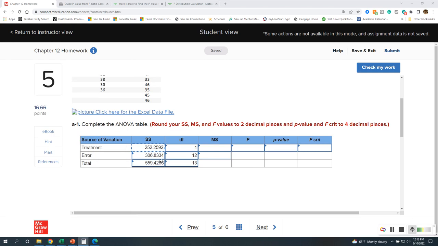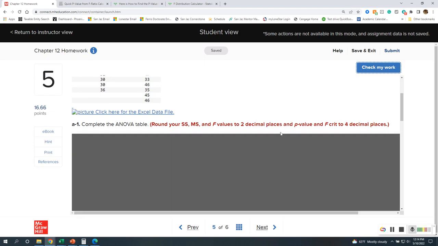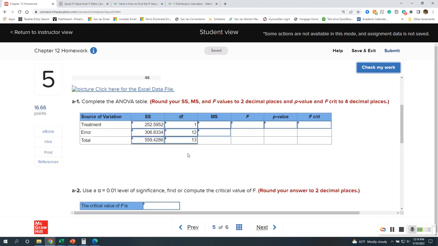There we go. We had some transposition of numbers. Okay, check. See, all good. Again, use that check my work feature. Learn the stuff. So, we know MS is not going to change for that one, since it's divided by 1.